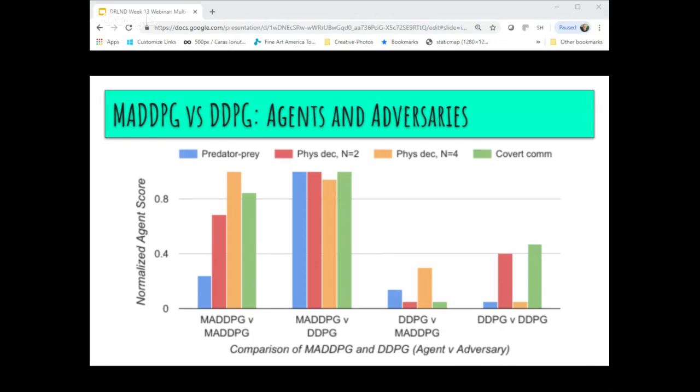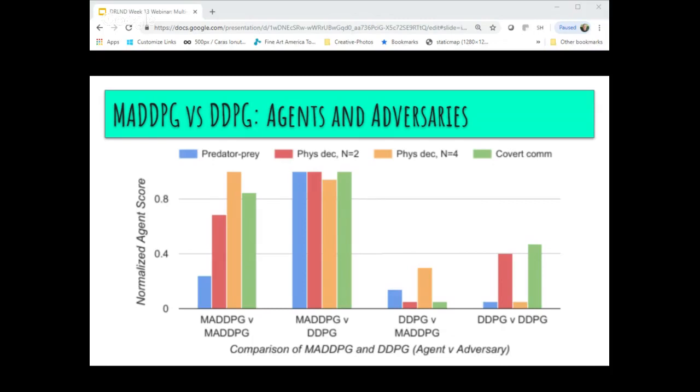So when both the agents were the multi-agent DDPG, both the cooperating and the competitive side of that equation, that's the first set of bars there, and you can see that in some of the environments, the agent did quite well compared to the adversary, even though they were both using the same algorithm.